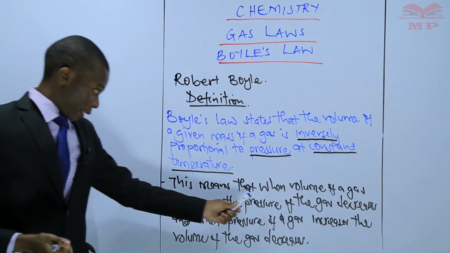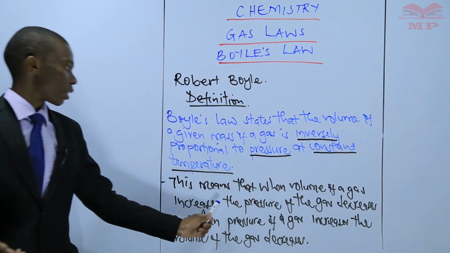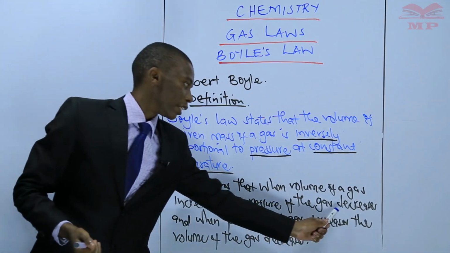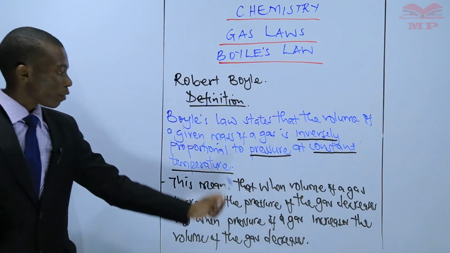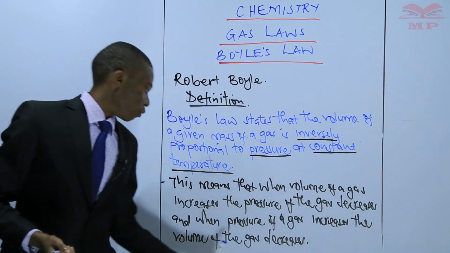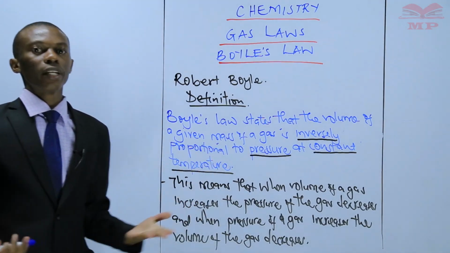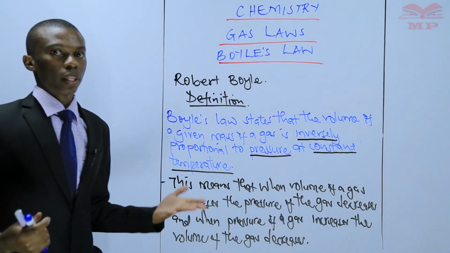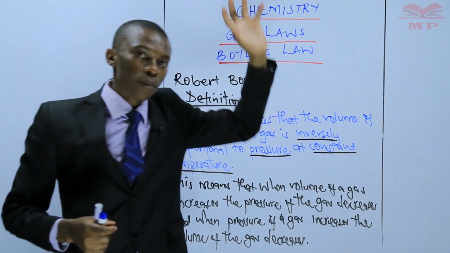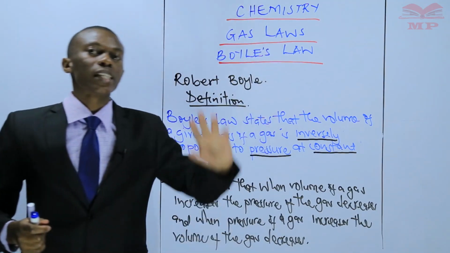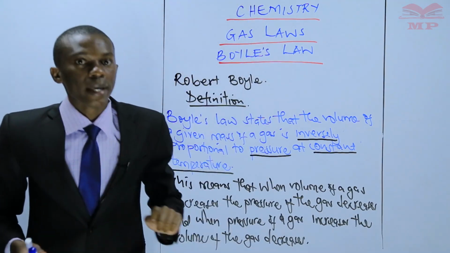When volume of a gas increases, the pressure of the gas decreases. And when the pressure of the gas increases, the volume of the gas decreases. That is the simple way of understanding Boyle's law: when the volume is high, pressure is low, and when pressure is high, volume is low.